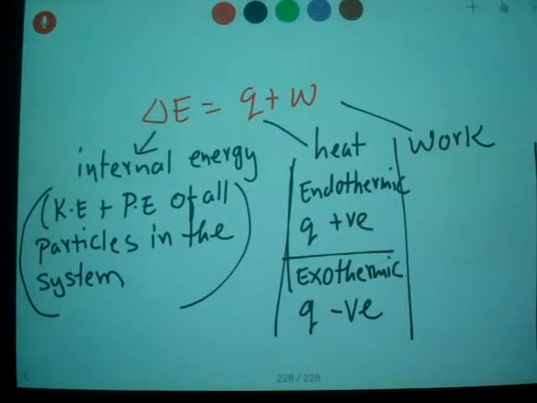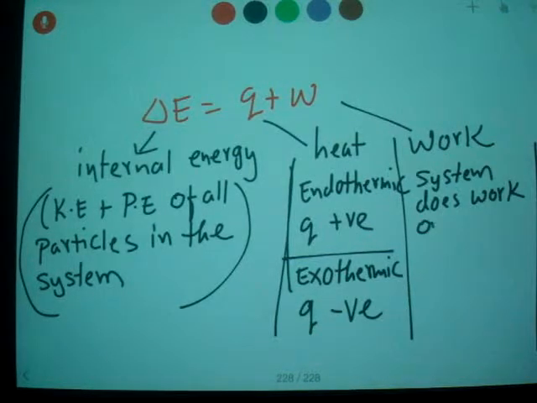So let's say the system does work on the surroundings, and at that time we can say W is negative.